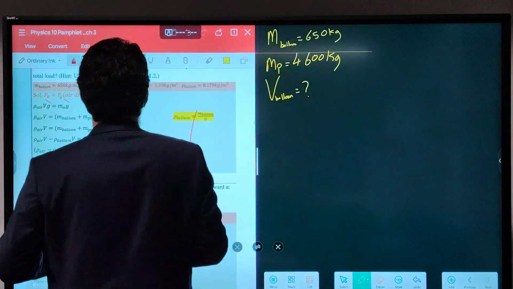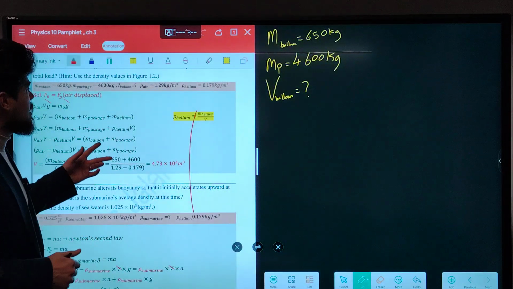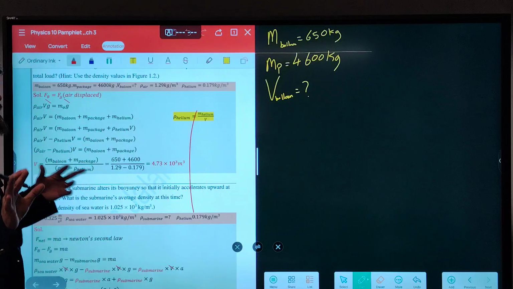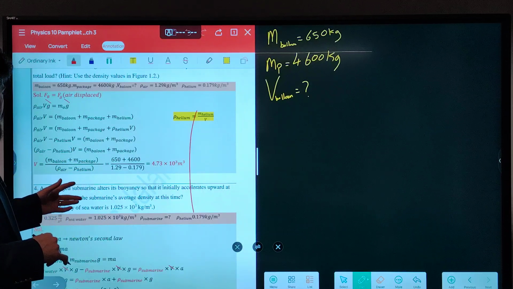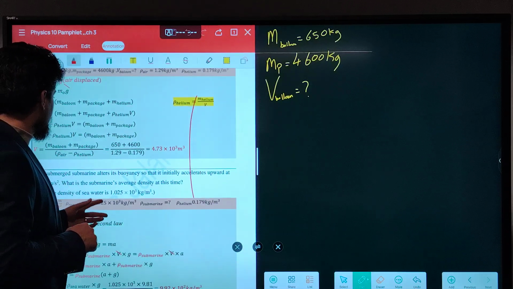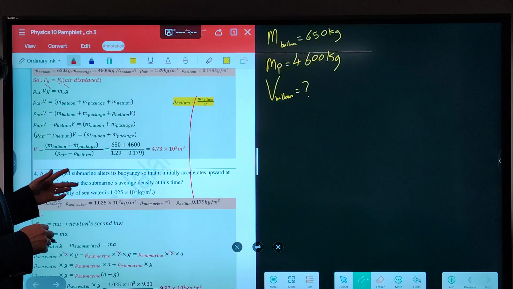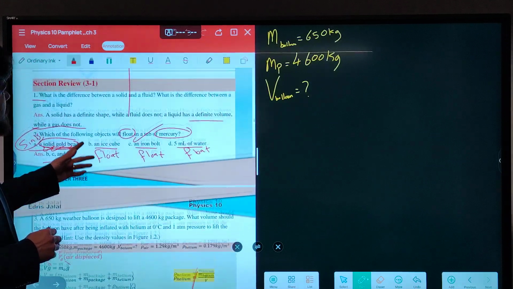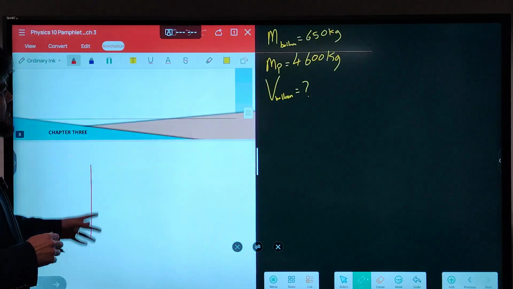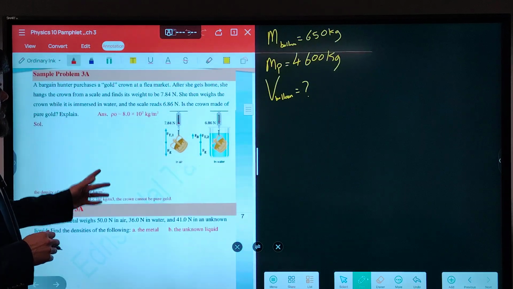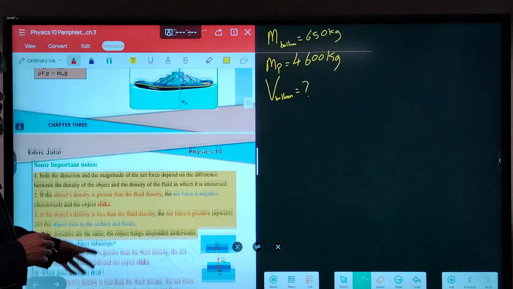We have to use the density for the helium. The density of the helium must be given in this question, in the table. Look at the table.